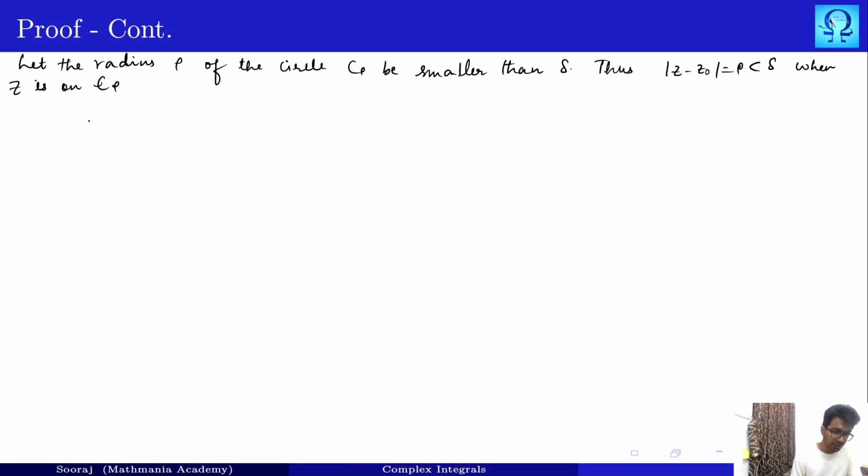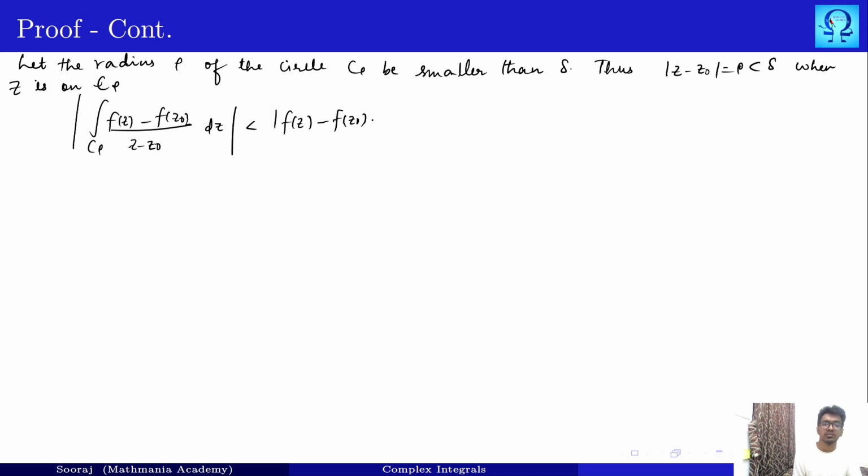With the help of 5, what we can do: the absolute of the integral over the contour of f of z minus f of z naught upon z minus z naught dz is smaller than the estimate: absolute of f of z minus f of z naught upon absolute of z minus z naught, times the length of the contour, that is the perimeter of a circle, 2 pi rho, right?